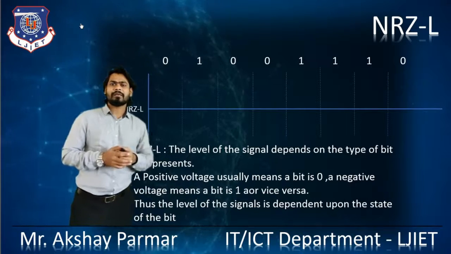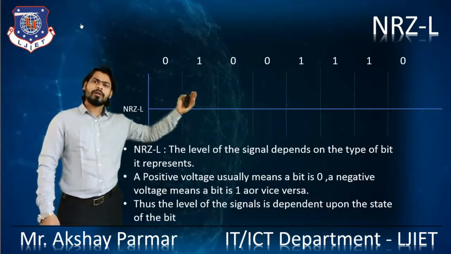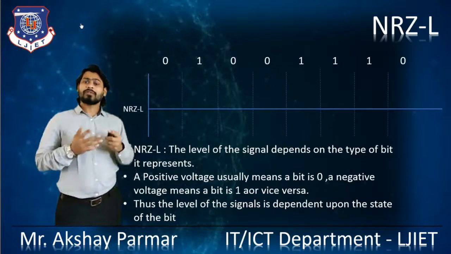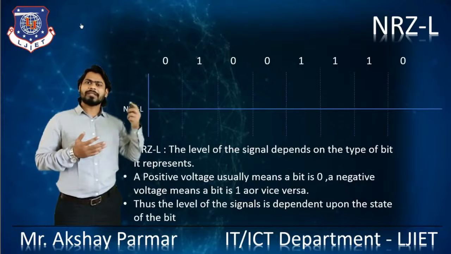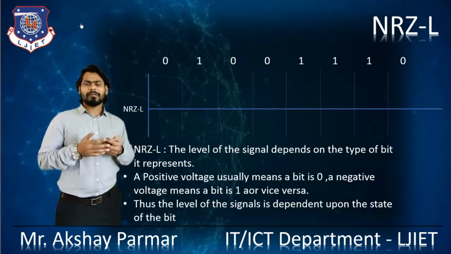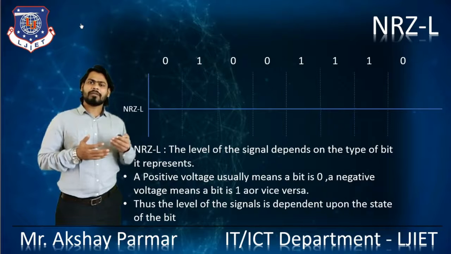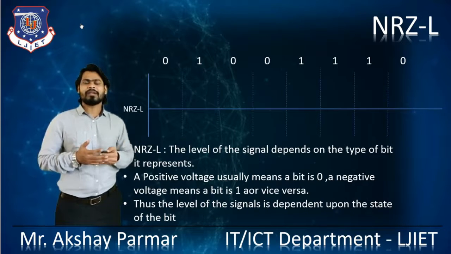Let's see an example. Here we have the bit sequence 0 1 0 0 1 1 0. Positive voltage usually represents bit 0 and negative voltage represents 1. It may be vice versa, where positive voltage represents bit 1 and negative voltage represents bit 0.